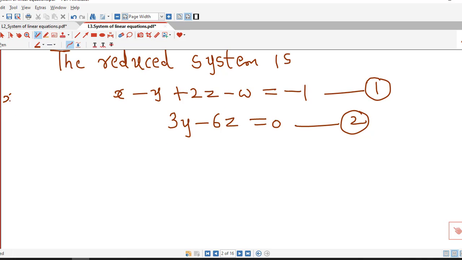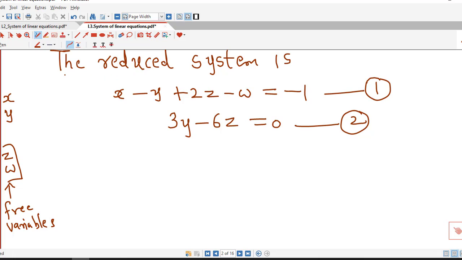Now we know that this system has an infinite number of solutions. Also we know that x and y are leading and z and w are free variables. Free variable means we can take any value for these 2 variables. We can assign any real number to free variables.